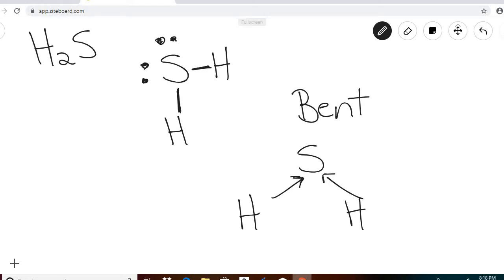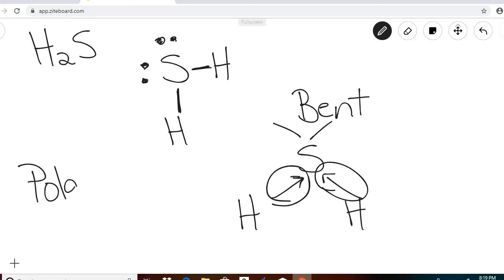So these are polar bonds, but is the molecule polar? Yes, the molecule is polar because there's nothing pulling from the other end with an equal pull on the sulfur. So this is a polar covalent molecule.